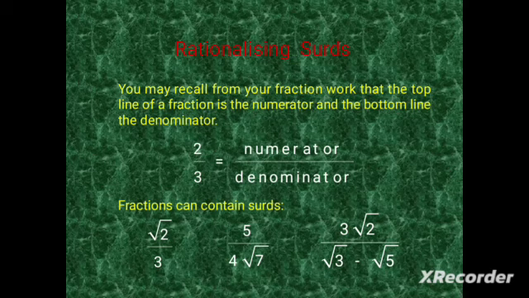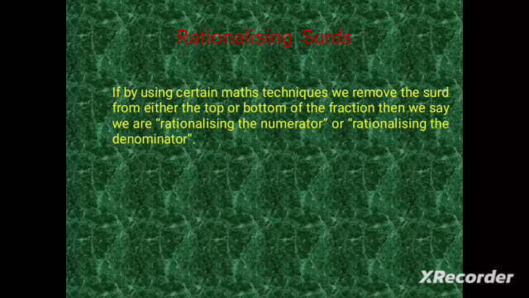Now we want to look at a situation whereby we are simplifying a fractional surd by what is called rationalizing the denominator. If by using certain math techniques we remove the surd from either the top or bottom of the fraction, then we say we are rationalizing the denominator or rationalizing the numerator.